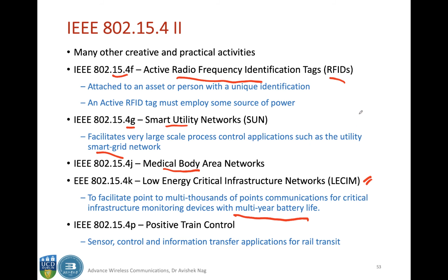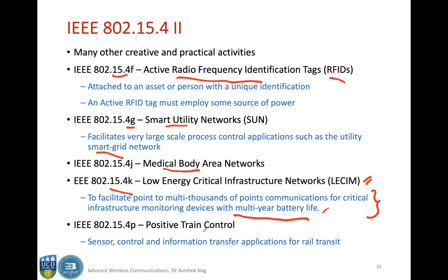And 802.15.4, as you already saw, has variants which are really low energy, and then this 15.4k is again even lower energy, which is specifically suited for this.